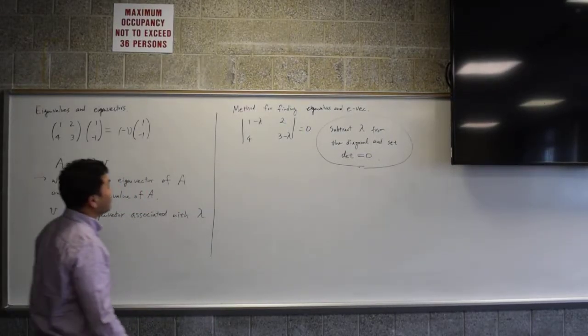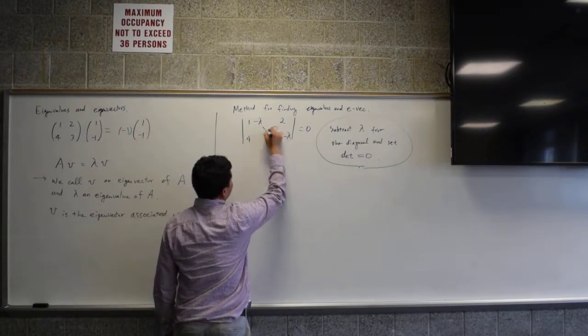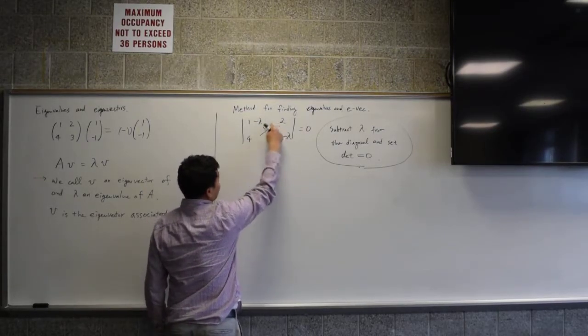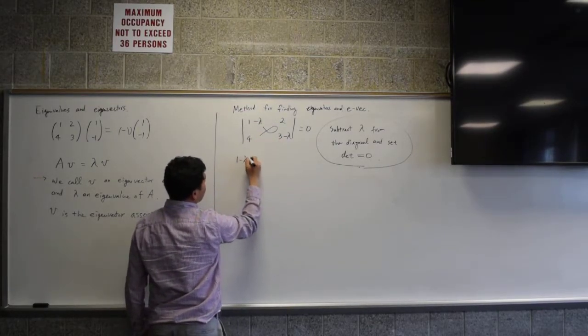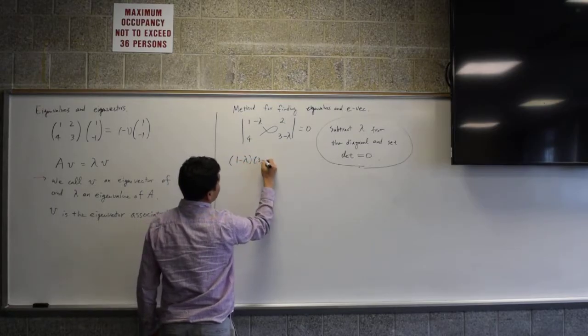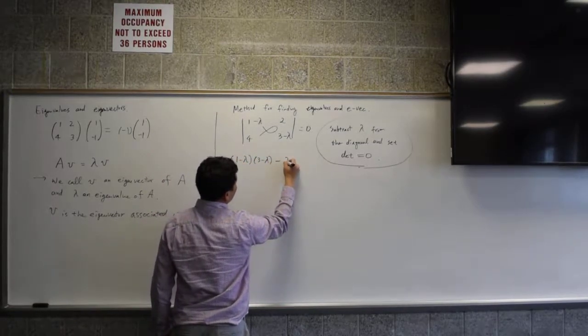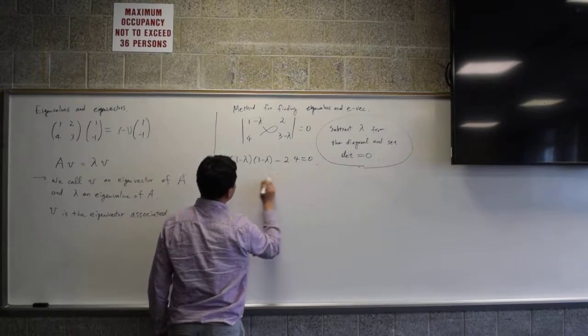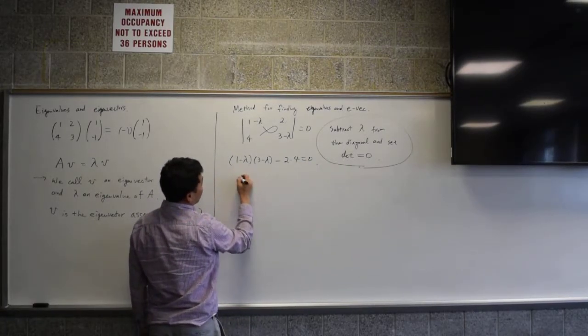Okay, let's see what that gives us. Remember how to do the determinant? It's AD minus BC, so (1 minus lambda) times (3 minus lambda) minus 2 times 4 equals 0.